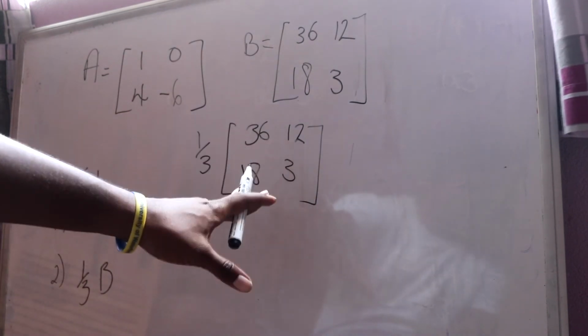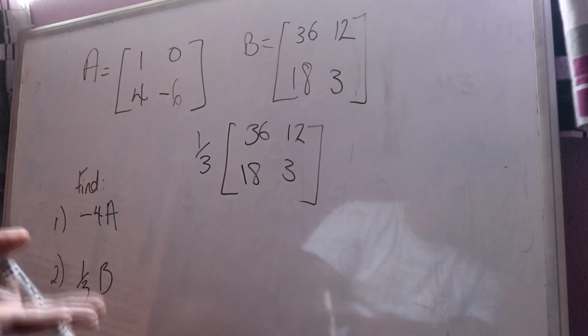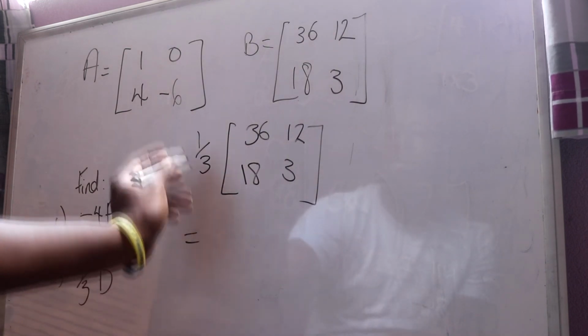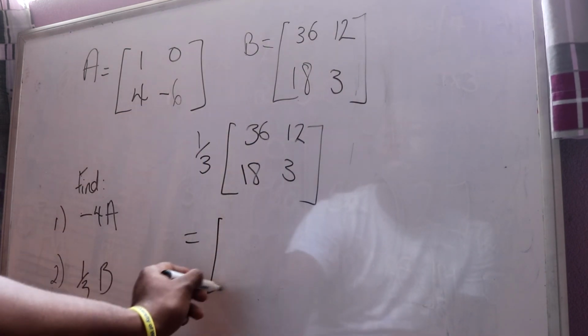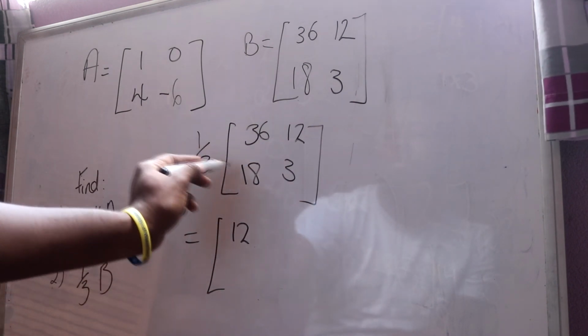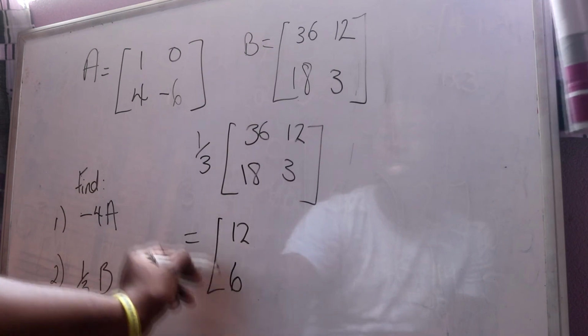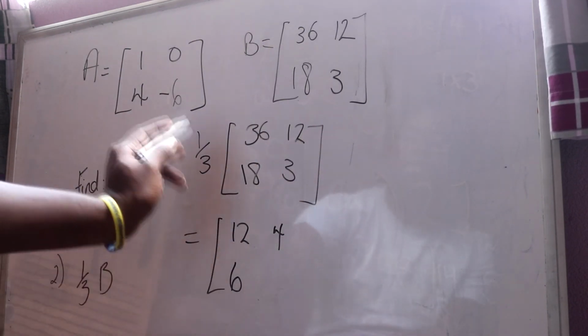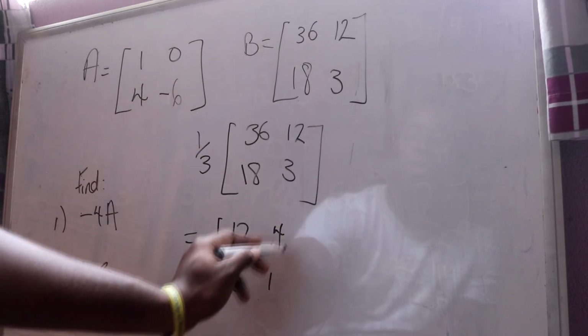So everything in here is being multiplied by a third, or if you know your mathematics, you're simply dividing by 3. So let's go. A third multiplied by 36 will give you 12. A third multiplied by 18 will give you 6. A third multiplied by 12 will give you 4, and a third multiplied by 3 will give you 1.